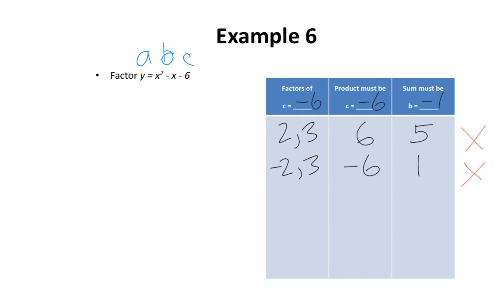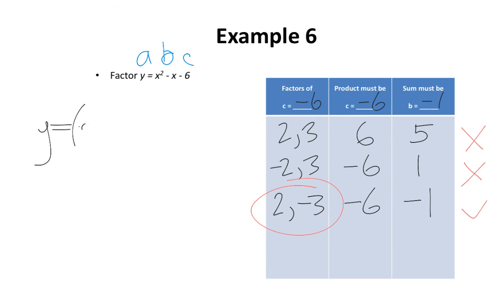So let's try this again by, instead of having negative 2, let's have a negative 3. 2 times negative 3 is negative 6, and 2 plus negative 3 is negative 1. And there you go, we have a match. So our factors are positive 2 and negative 3, so you're going to rewrite it like this. x plus 2 multiplied by x minus 3.